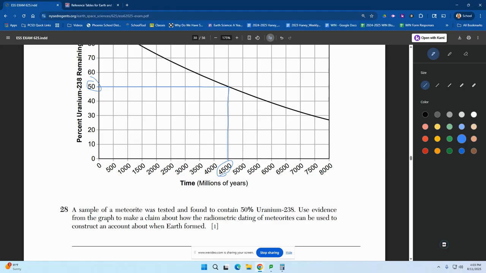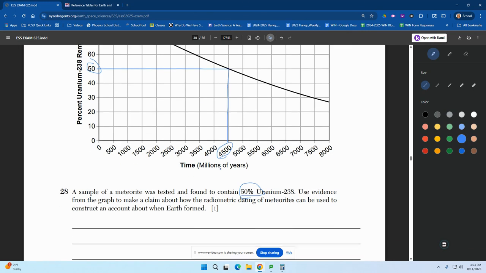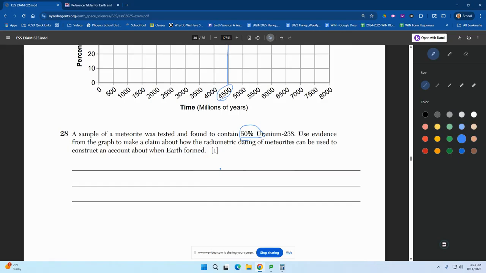And so if we were to find out how old this sample was, we need to use the percentage. They told us that the sample contained 50% of uranium-238. And so if I go to 50 and follow it down, we got that 4,500 as our number. And so that tells us that Earth must be 4,500 million years old, because we assume they were formed around the same time.